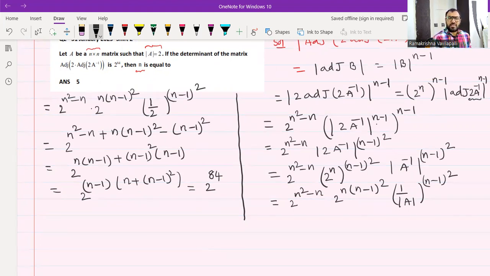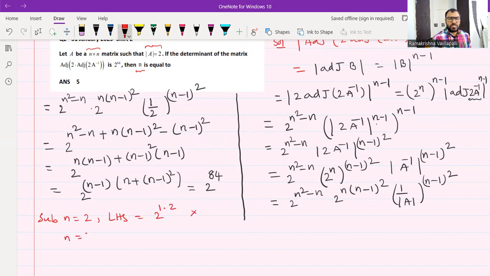So if I start from n equal to 2, it is a trial and error method. Substitute n equal to 2. Then what becomes LHS? LHS equals 2 to the power of 1 into, it becomes only 2. So this is not at all 84.